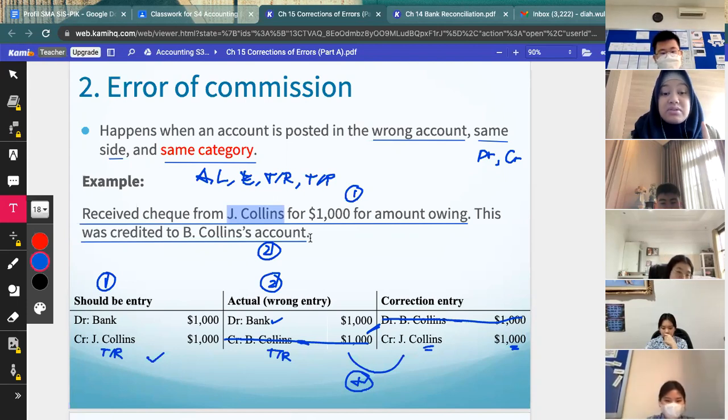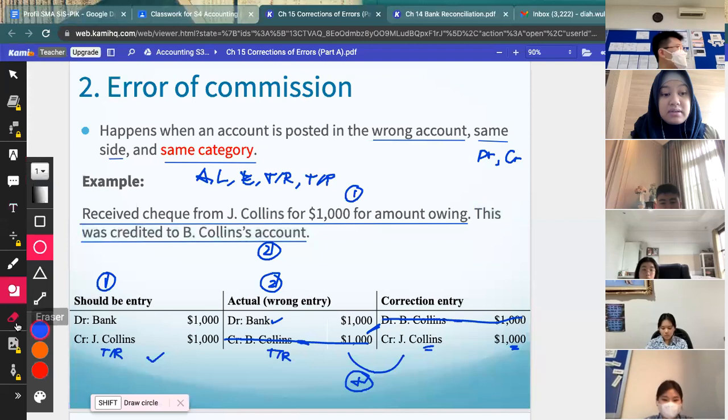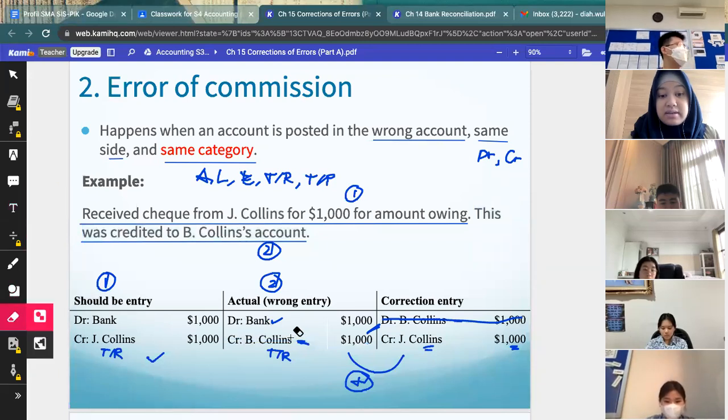The debit balance, or the debit entry, is assumed correct. Yeah, it said this was credited to B. Collins. So what you actually did is you put the bank in the debit side, but you did not erase this one first, yeah?